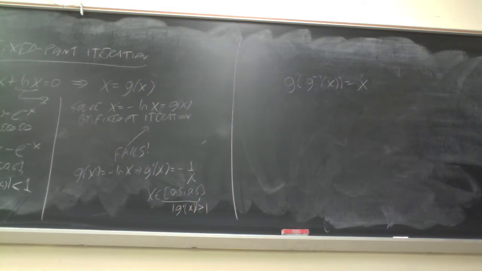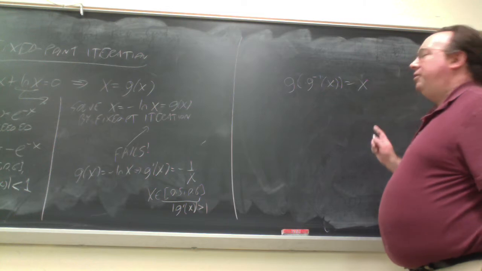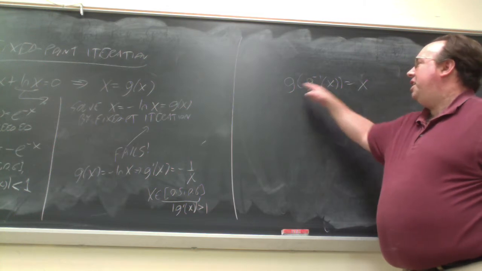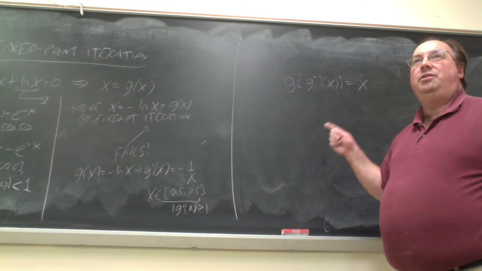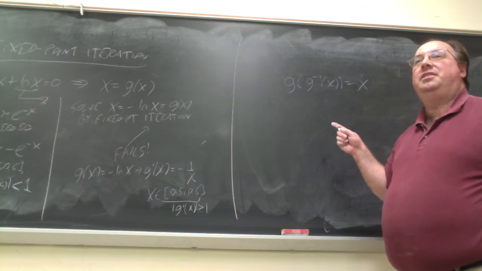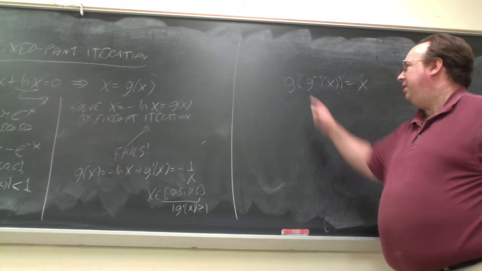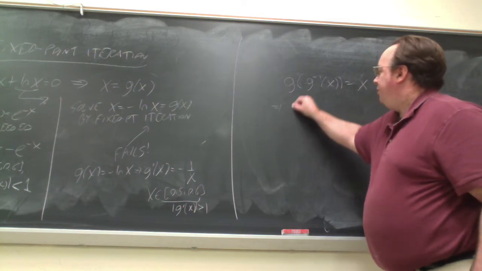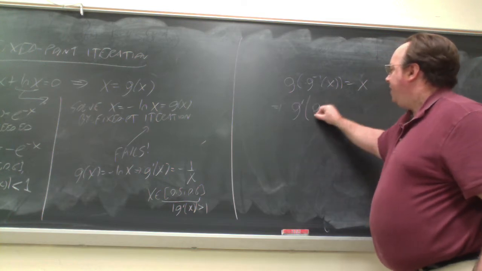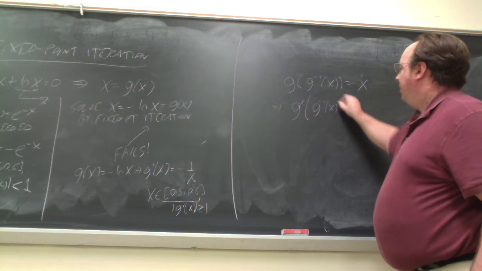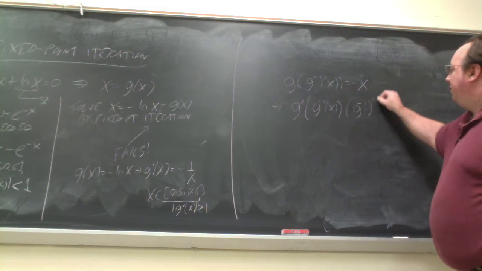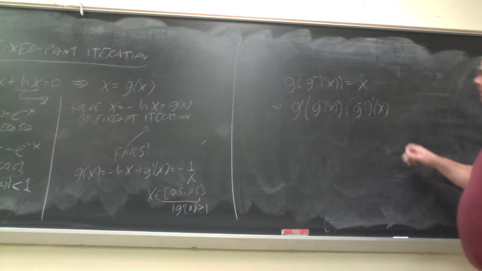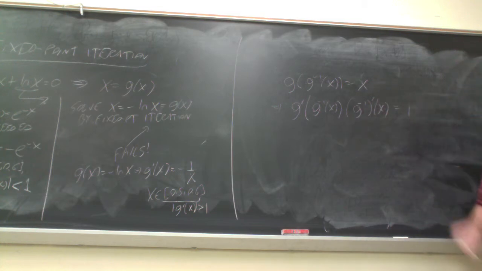I'm going to differentiate this. If I take the derivative of both sides of g of g inverse, what rule do I have to use? Chain rule, yeah, function of a function. So g prime evaluated at g inverse of x times the derivative of g inverse is equal to 1, differentiating both sides.